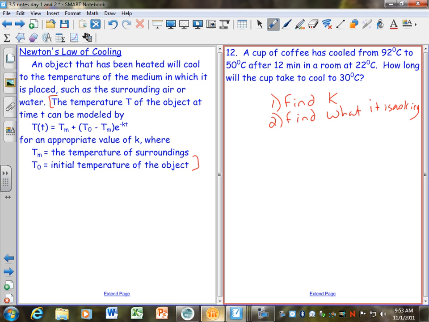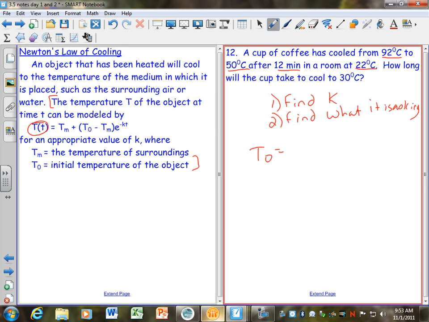So here's what I want us to do. We're going to take this equation and plug in what we know. Do we know the temperature after so long? The cup of coffee has cooled from 92 degrees Celsius to 50 degrees Celsius after 12 minutes at 22 degrees Celsius. What do each one of those numbers represent? What does 92 degrees Celsius represent?